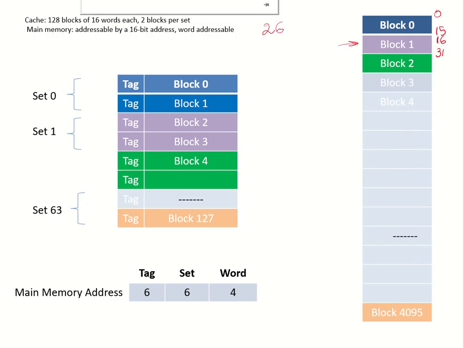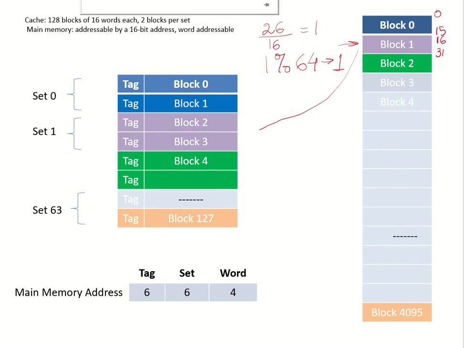Otherwise also, if you divide this by 16, this is 1, which refers to main memory block 1. Which cache block will this map to? 1 modulus number of sets in the cache, which is 64. So this block will map to set 1.